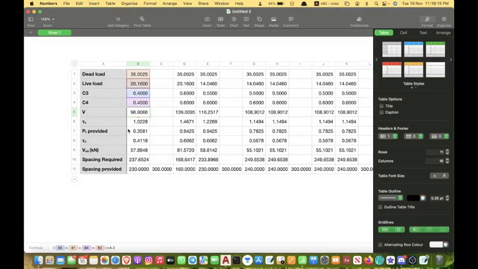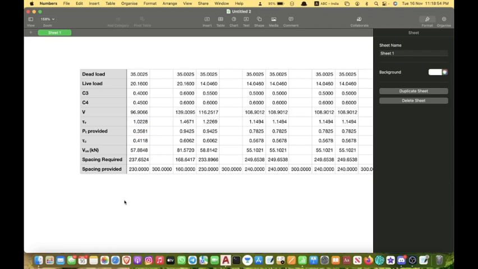For tau V, this is the formula, which I have simplified, divided by BD. For VUS we have tau V minus tau C into BD. I have divided it by 1000 because the value coming is in Newton, so to convert it into kilonewtons I divided it by 1000.